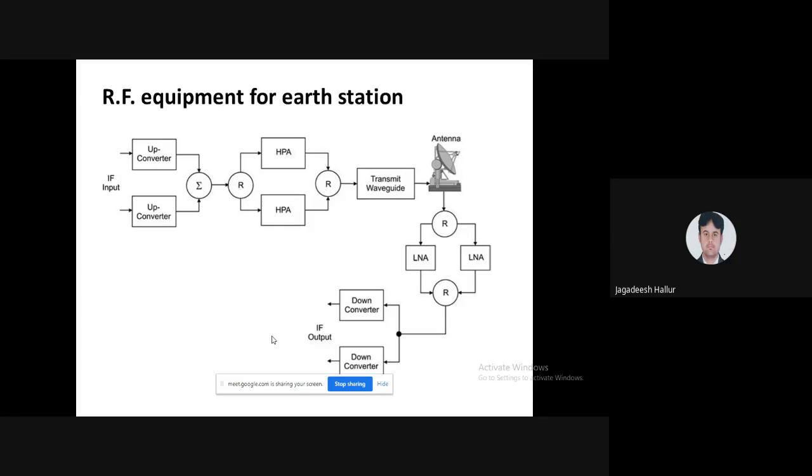This is the explanation of the RF equipment for earth station. This is similar to the radio frequency equipment for earth station. Same diagram he has given. What is written? RF equipment comprises the up converter, high power amplifier, and transmit antenna in the transmit channel, and the receive antenna, low noise amplifiers, and down converters in the receive channel.